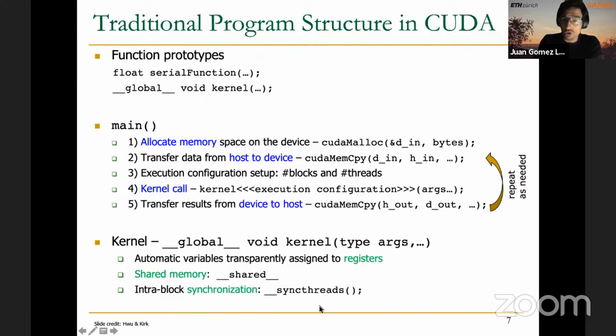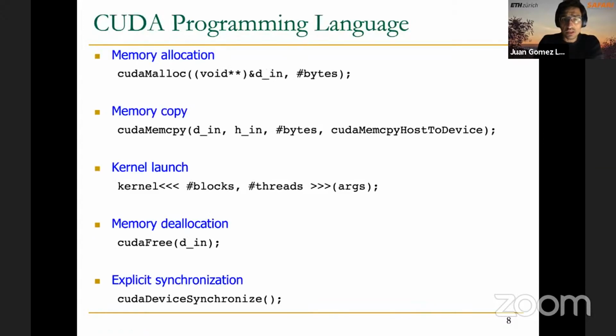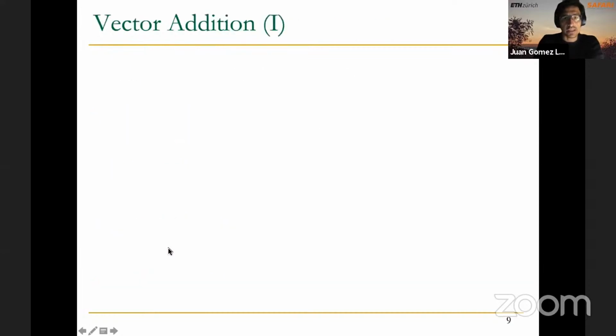And we will also introduce today syncthreads, which is a synchronization function or API that we use to synchronize threads that are running together on the same core, and they belong to the same thread block. And these are the syntax for different constructs that you need to use when programming a GPU and allocating memory, copying, launching kernels, etc., etc.